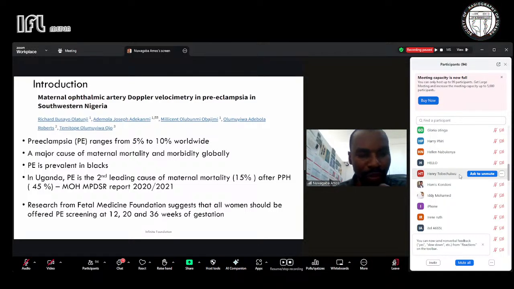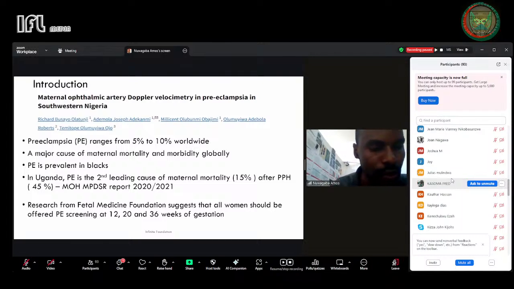It is more prevalent in blacks, and this means that if a woman is black, her pregnancy is likely to be complicated with preeclampsia compared to other races. In Uganda, preeclampsia is the second leading cause of maternal mortality at 15%, after postpartum hemorrhage at 45%, according to the Ministry of Health Maternal and Prenatal Deaths Surveillance Response Report 2020 to 2021. And that is for the high-risk pregnancies.